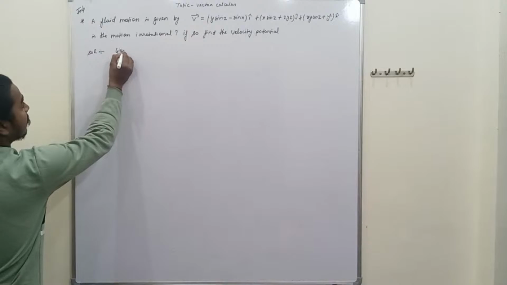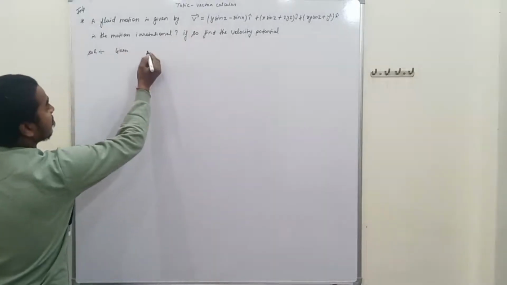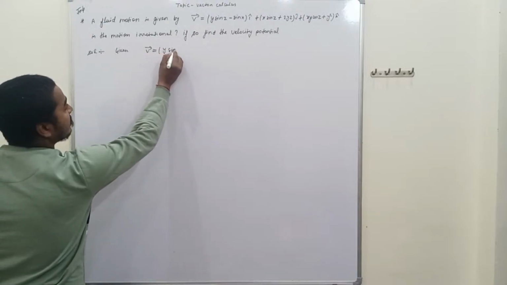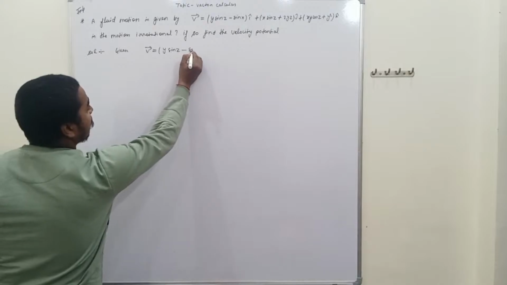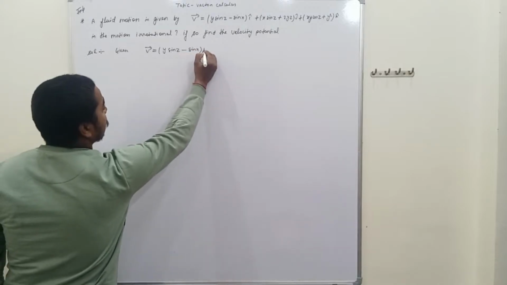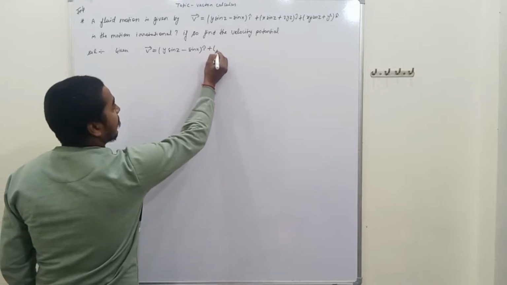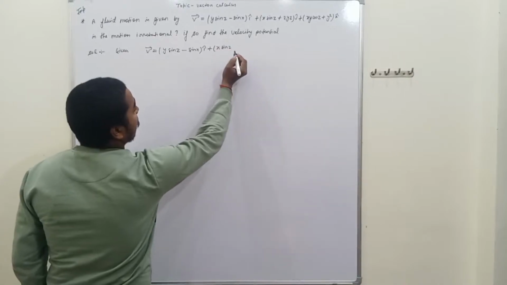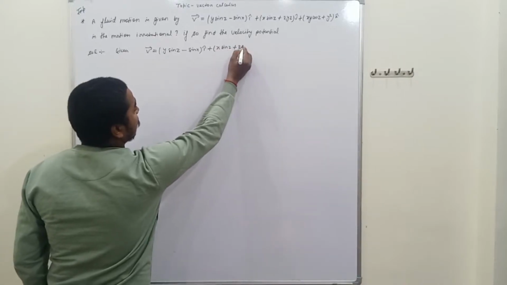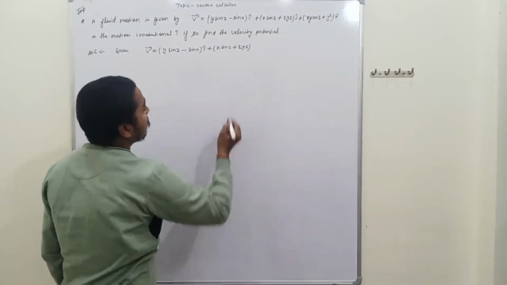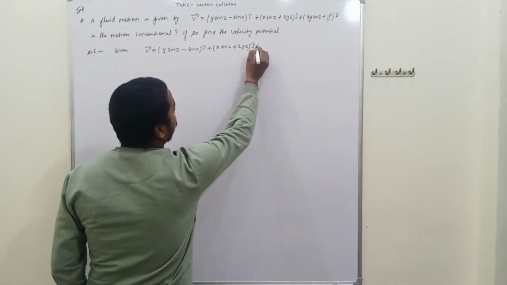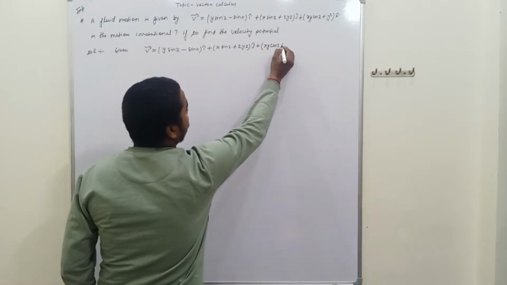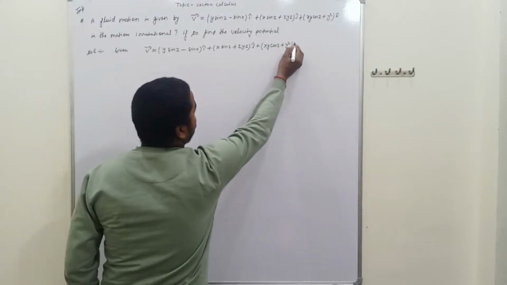Given, the fluid motion is given by V vector equal to (y sin z minus sin x) i cap plus (x sin z plus 2yz) j cap plus (xy cos z plus y square) k cap.